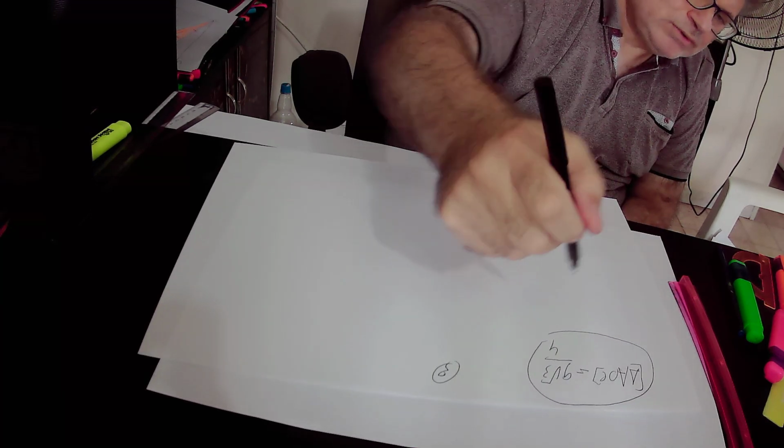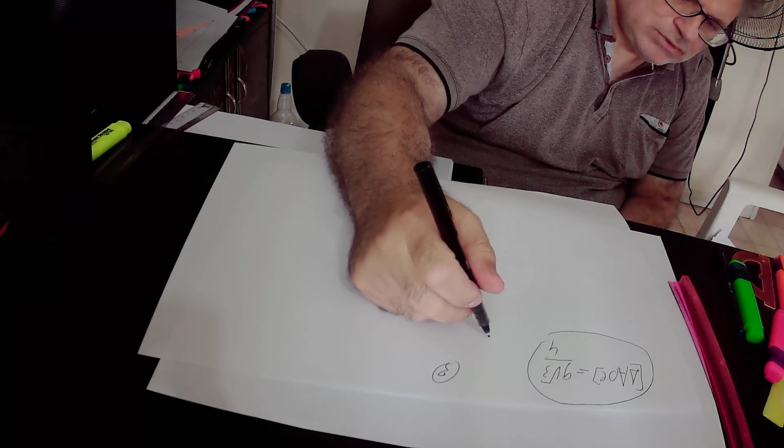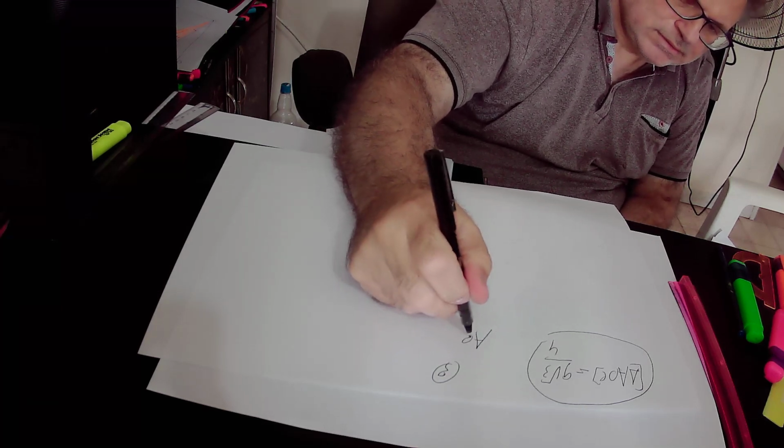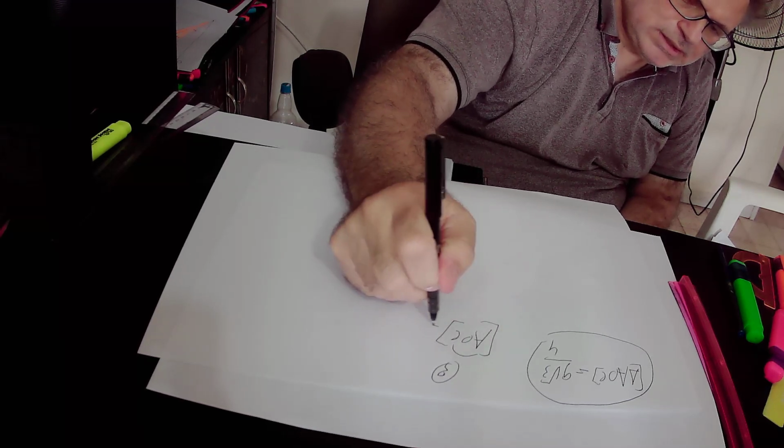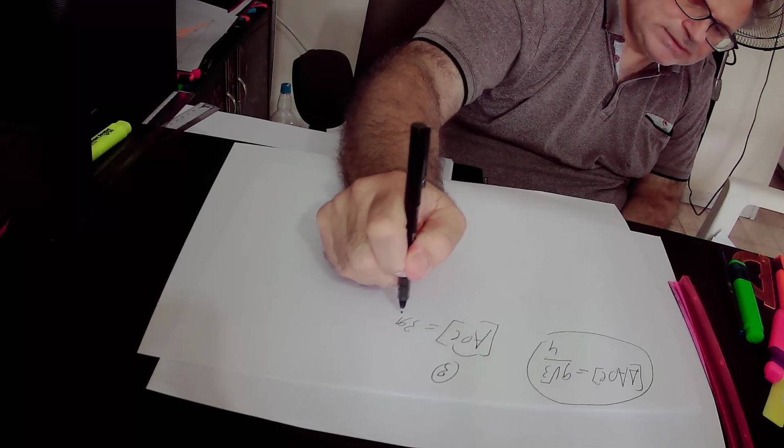We have already found out that the area of sector AOC equals 3 pi square units.